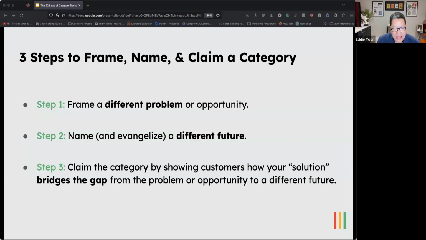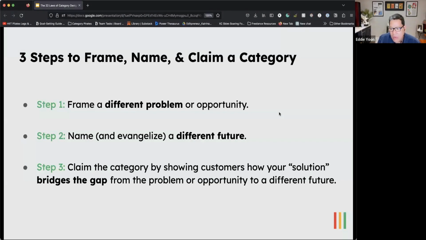At the end of the day, even though we have the 22 laws, it is at the core, how do we equip you with the right tools, tips and exercises to do these three things: to frame a different problem or opportunity, to talk about what the new future looks like and name it, but also claim it in a way that is unique to you, and also exciting, worthy of a price premium, and the market cap opportunities that Christopher talked about.